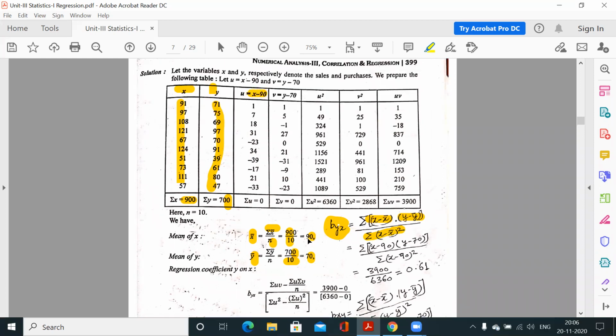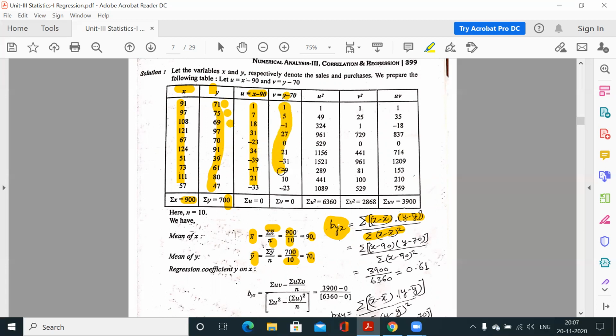Because x bar is 90, x minus x bar is x minus 90. We have to find out these differences: 91 minus 90, 97 minus 90, 108 minus 90, 121 minus 90. So we are getting these differences. Now y minus y bar is y minus 70, so taking the differences of the y values from 70: 71 minus 70, 75 minus 70, 69 minus 70.